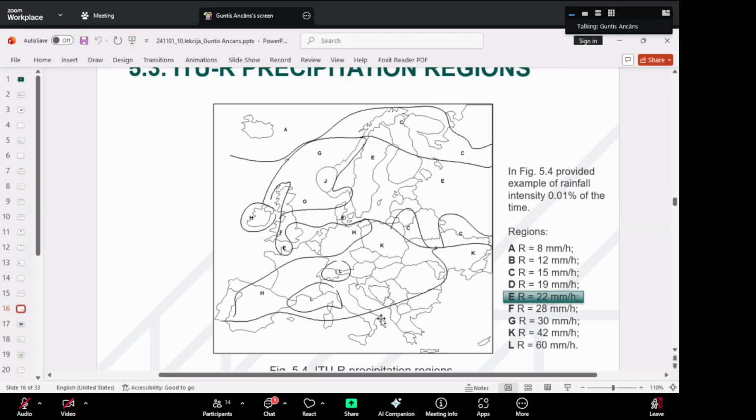Closer to the equator, these values get higher.